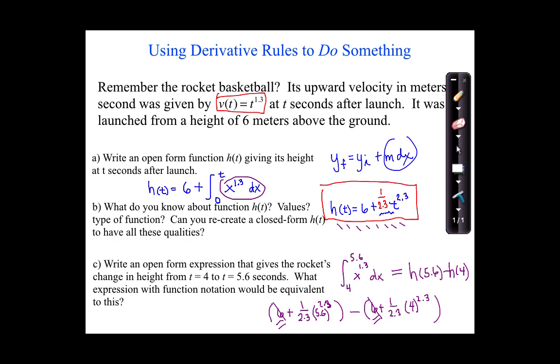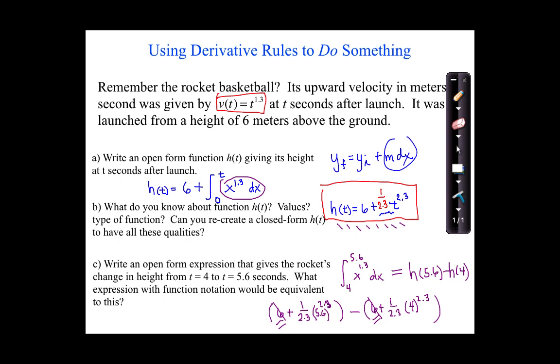So if you hadn't been given initial information, you can still compute the change and we can write an expression for it. Just this integral part on its own is just the change due to this rate between 4 and 5.6, because initial values don't impact the amount of change, they only impact where you started from.